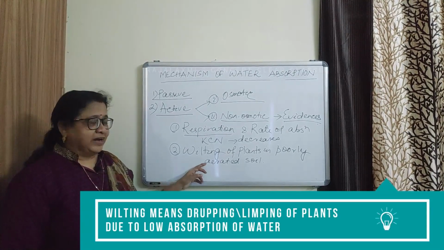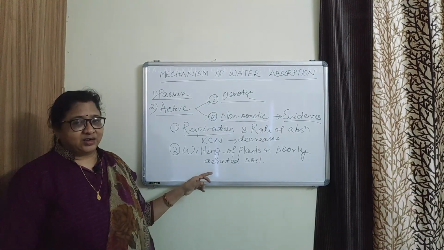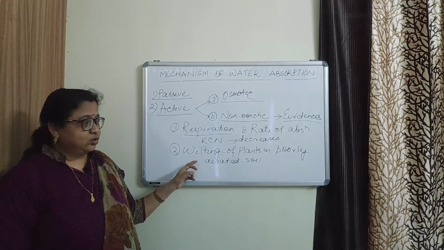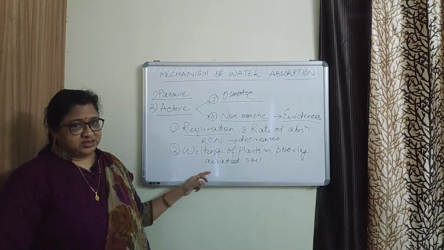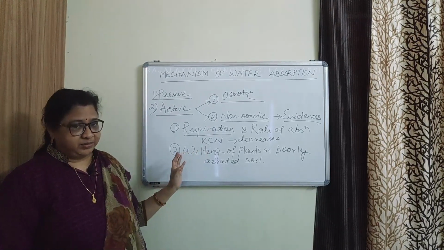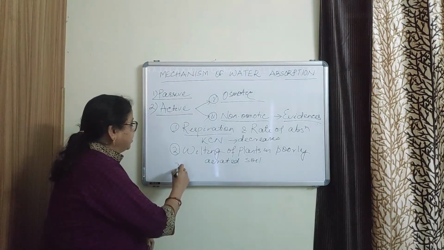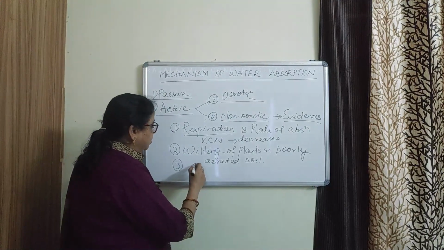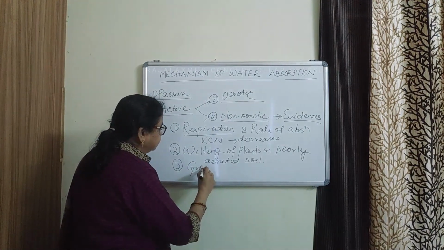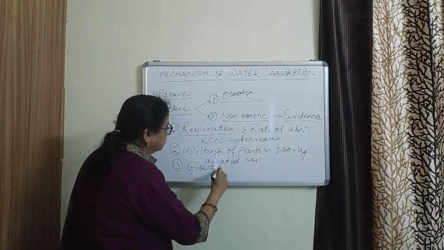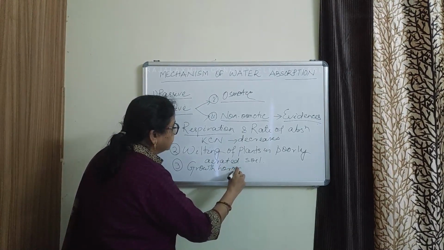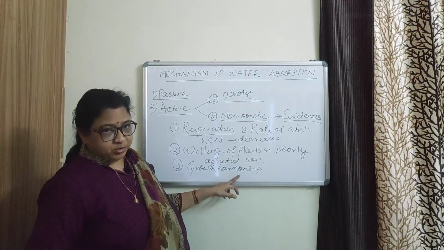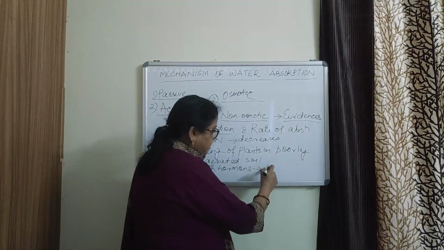Here the plants, mainly the root cells, do not get direct oxygen, so there is wilting of the plant. The third evidence is the application of growth hormones like auxins.